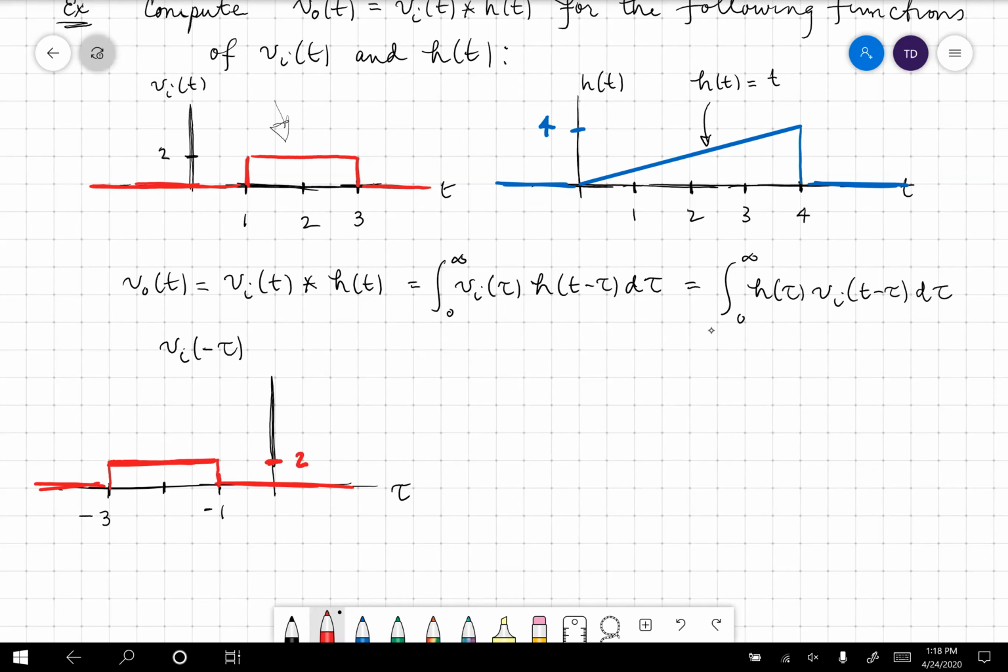Just to be sure that we are in the know, this function here is that right there. Actually, let's draw it in blue so it stands out a little bit better.